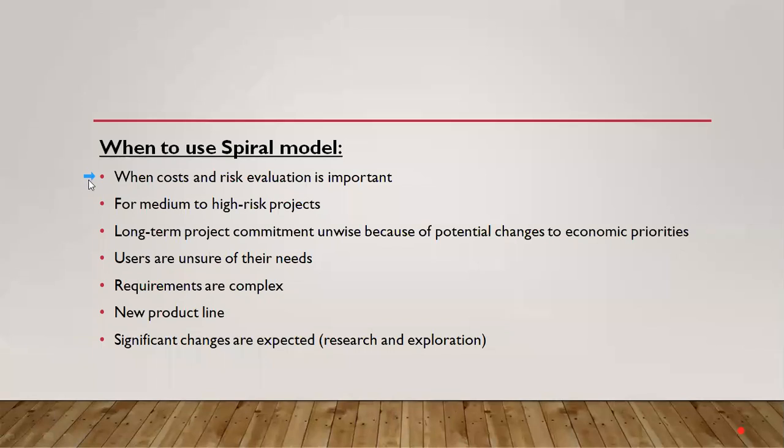Clear? Coming to the second point: medium to high risk projects. This means you have already developed one project with some medium modules. If you want to update that project to a high-quality, high-risk project, then we are going to use the spiral model. Say you already have a phone with some features.